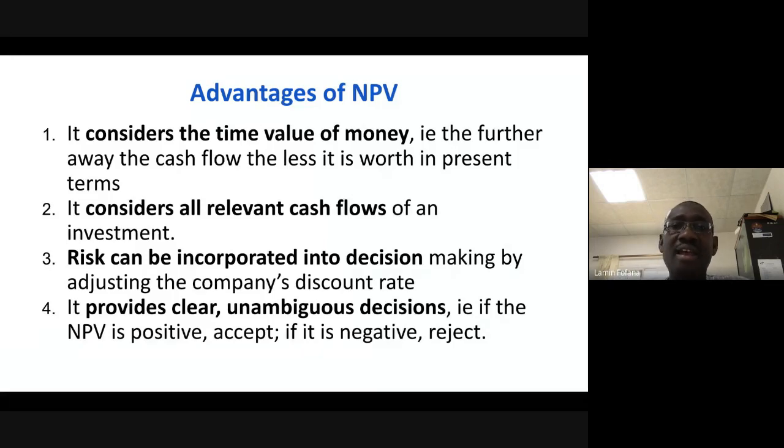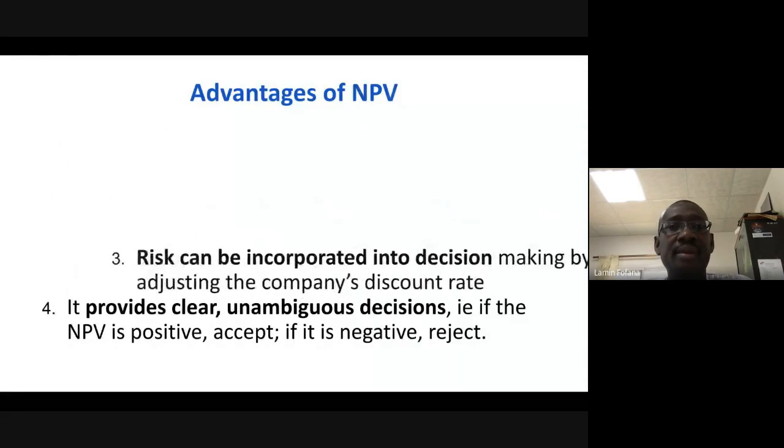If cash is there and it's discounted to its current value, that is it. You don't have any unclear stuff in the decision. So everything is clear. Once it is positive, accept. If it is negative, reject. If it is at equilibrium, reject.